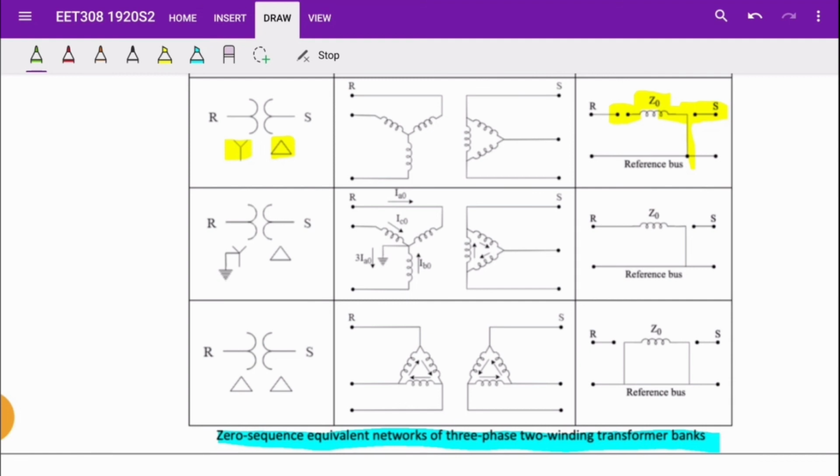The fifth connection is Y grounded to delta. In this type of connection, the winding on R side is similar to second combination. So, the impedance Z0 is connected to node R, while the winding on S side is similar to fourth combination, where it's connected to the reference bus.